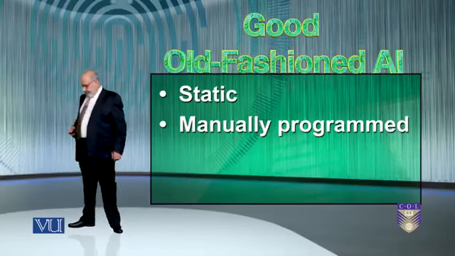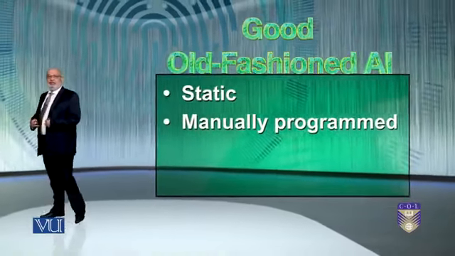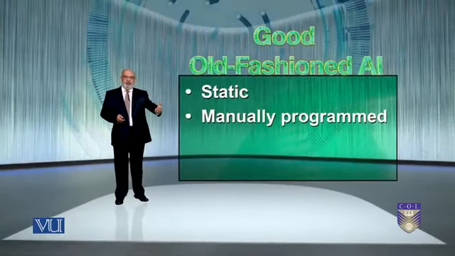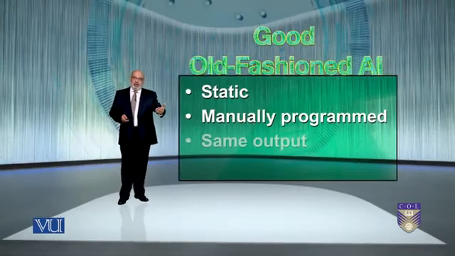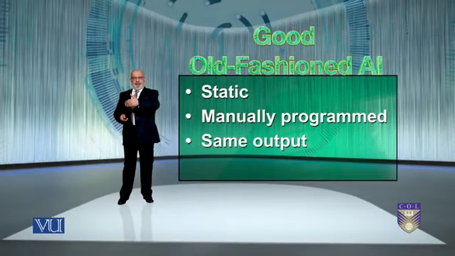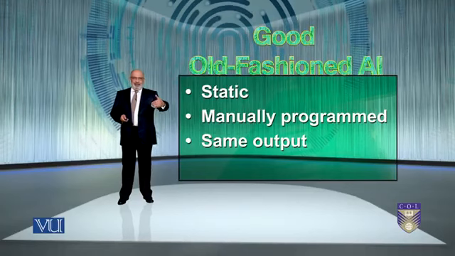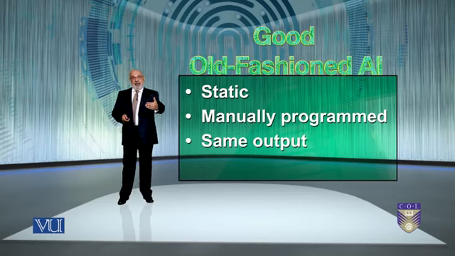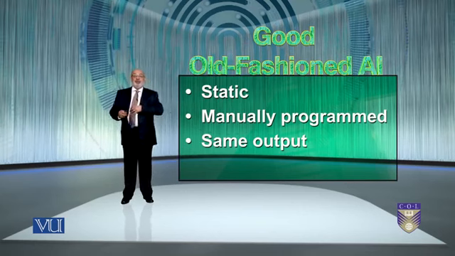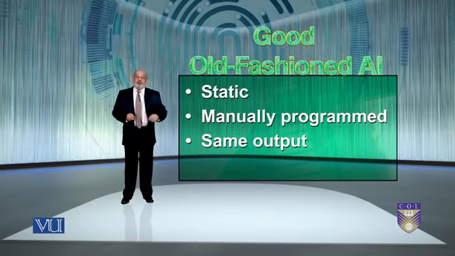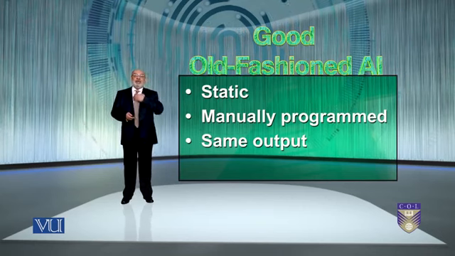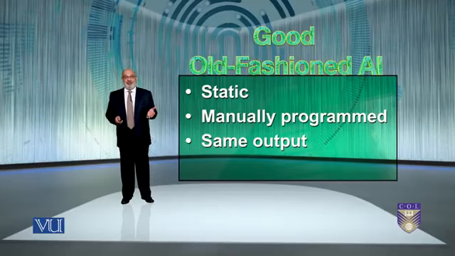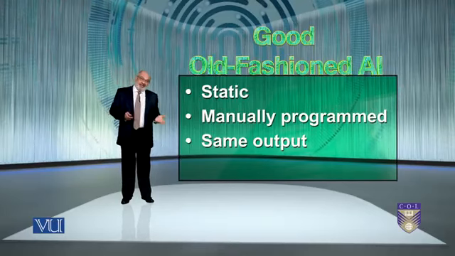So if you were to give a set of inputs to one system, it would give you the same outputs. You go somewhere else, give another set of inputs, you'd get the same output, right? And if you were to change and improve upon the system, you would have to reprogram everything from scratch again.